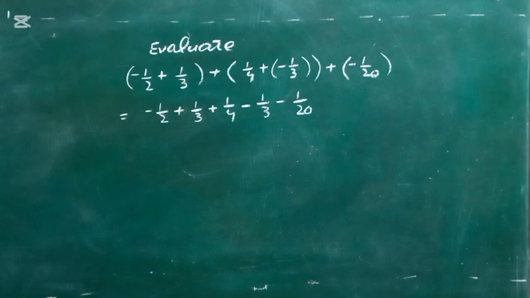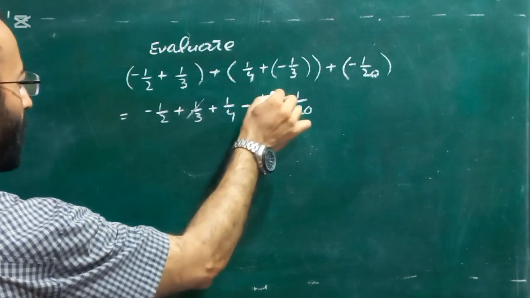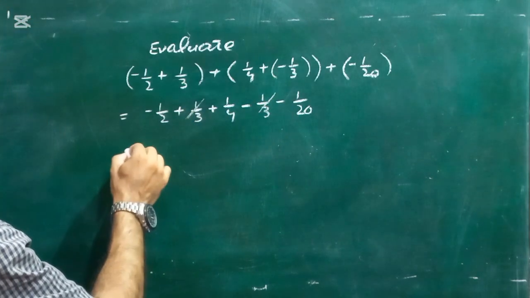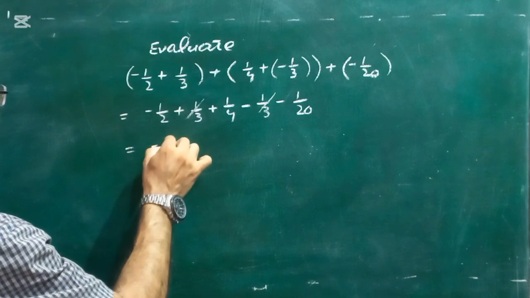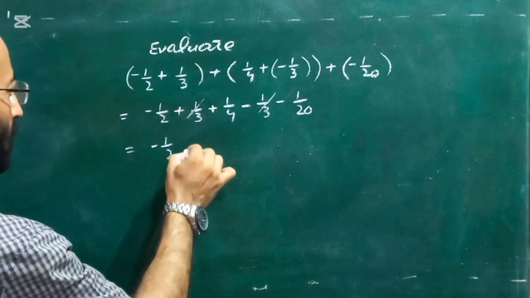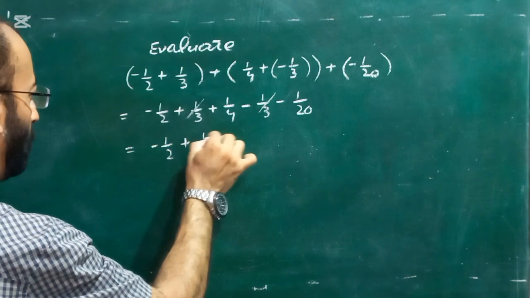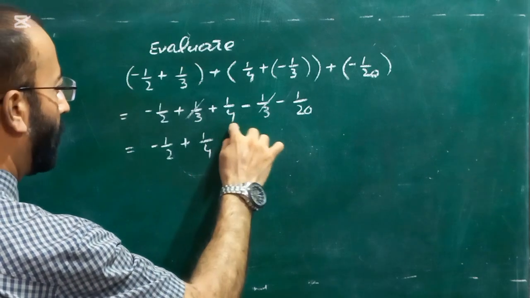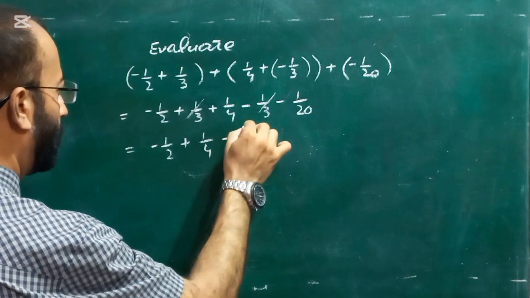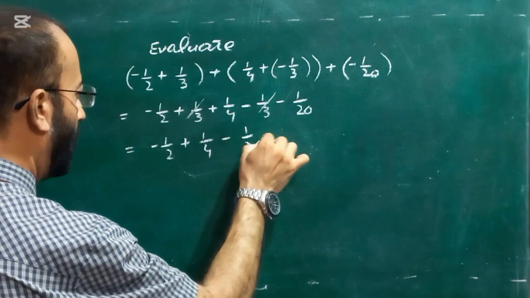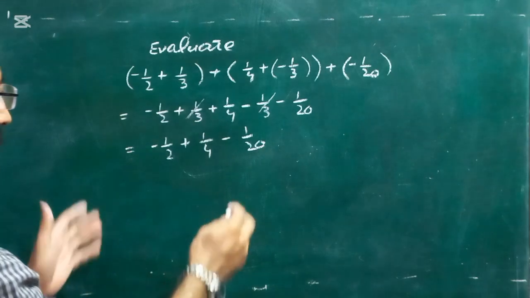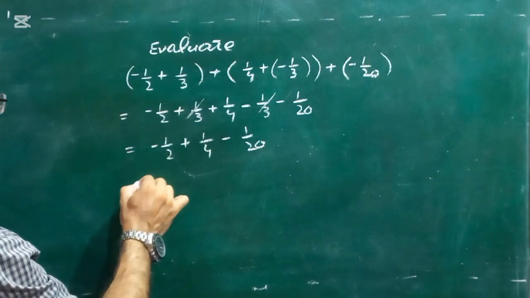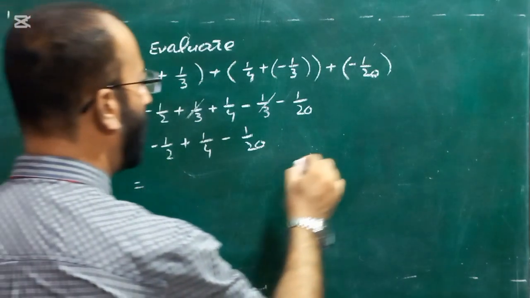At this stage, you can see plus 1 by 3 and minus 1 by 3 will be cancelled. So the remaining things are now minus 1 by 2 plus 1 by 4 and minus 1 by 20. At this stage, we will take the LCM of the values. So 2, 4 and 20.